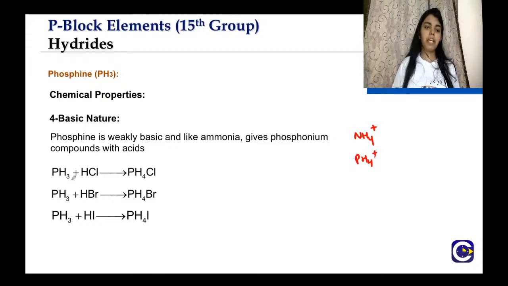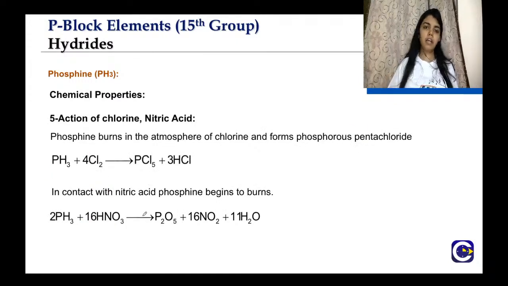Treating a base with an acid gives a salt. So here, you treat phosphine with HCl, HBr or HI, and you get the corresponding phosphonium salts: phosphonium chloride, phosphonium bromide, phosphonium iodide. This was a basic, simple acid-base reaction, right? Now coming to the action of chlorine.